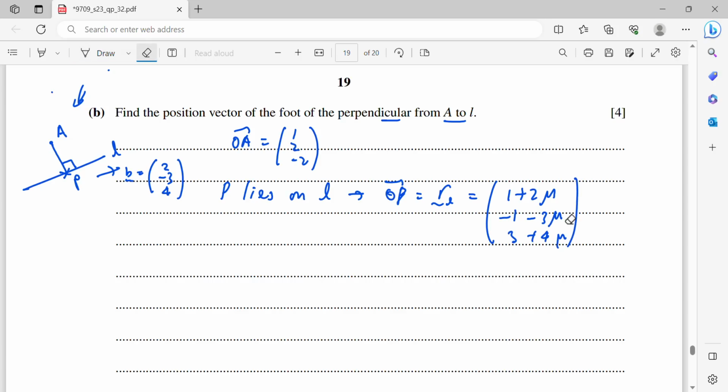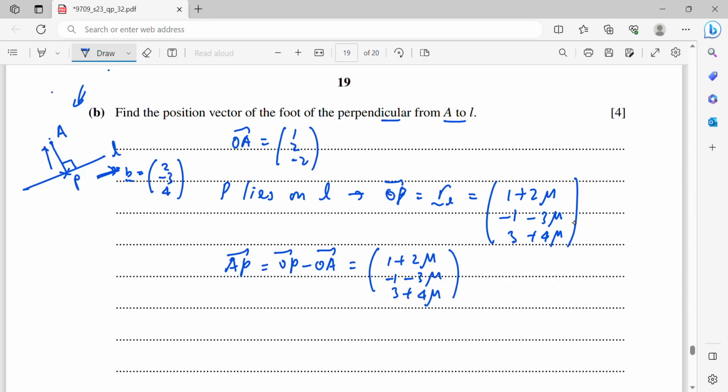Then from here, I know that vector AP is perpendicular to vector B. So now I need to find what is my AP first. My AP is OP minus OA, which means 1 plus 2 mu, negative 1 minus 3 mu, 3 plus 4 mu, minus 1, 2, negative 2.